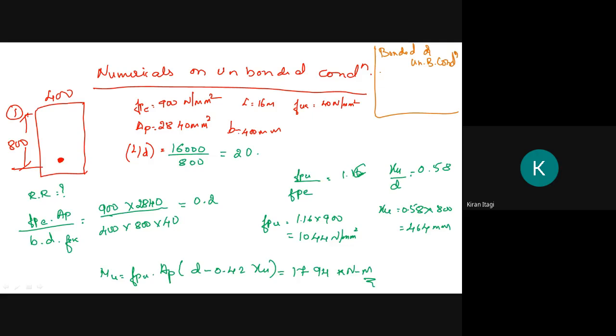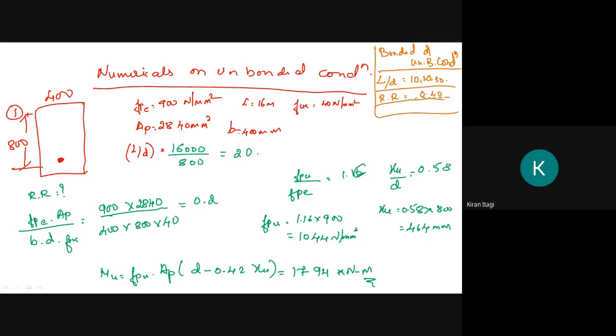Then if it is unbonded, what we should do? We should determine the L by D ratio. We may get 10, 20, 30, whatever. Along with that we should determine the reinforcement ratio. We will get some values, say 0.4, whatever.